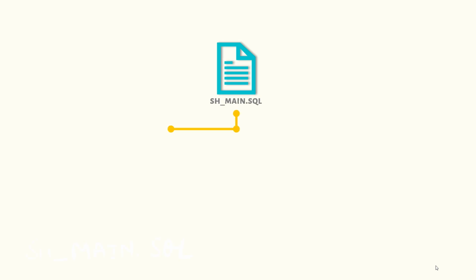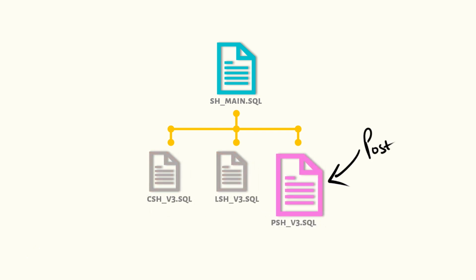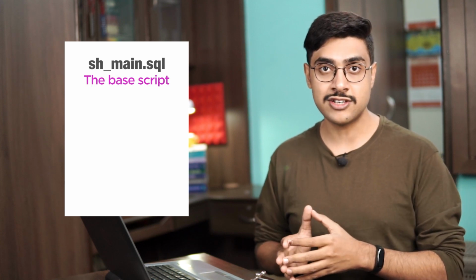One for creating the objects like tables and their constraints, one for populating those tables, and one for post-load operations. This post-load operation script will create all the indexes, views, materialized views, dimensions, and comments on the objects of the SH schema. Now the names of these three scripts are as follows. sh_main.sql. This is the base script for installing the SH schema.